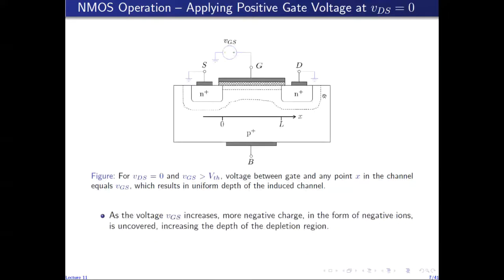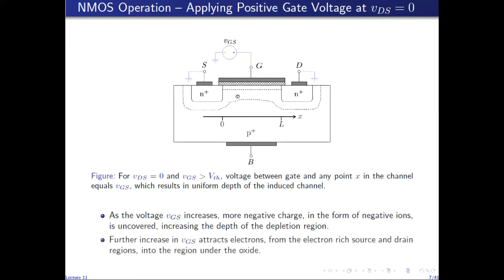As the voltage at the gate is increased and made more positive, more free holes are repelled away from this region, which helps in uncovering more negative charge in the form of negative ions, which increases the depth of the depletion region. Further increase in VGS will start attracting electrons from the electron-rich source and drain regions, because these are N-type semiconductor materials.